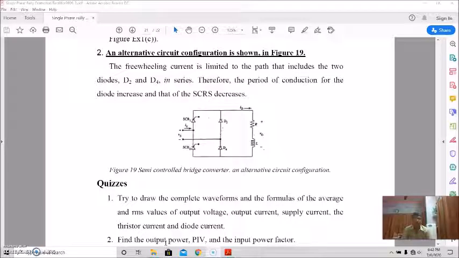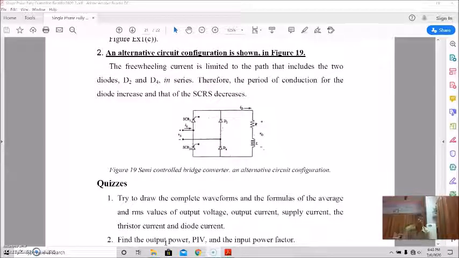Now let us rearrange in this way: two thyristors in series, SCR1 and SCR2. If we keep the subscripts similar to the earlier ones, we name the two SCRs SCR1 and SCR3, and the two diodes are diode 2 and diode 4.